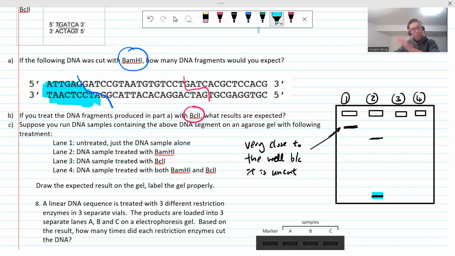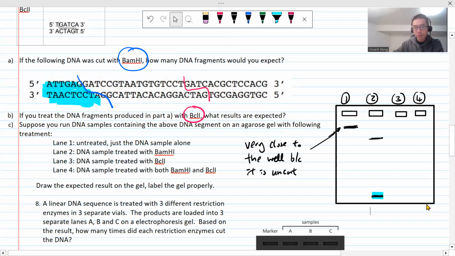Now I'm going to give you a moment to think about what lane 3 is going to look like. In lane 3, we are going to be cutting with just BclI. Okay, and I want you to think about what it's going to look like.